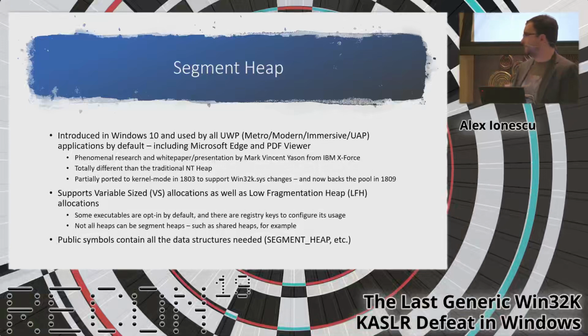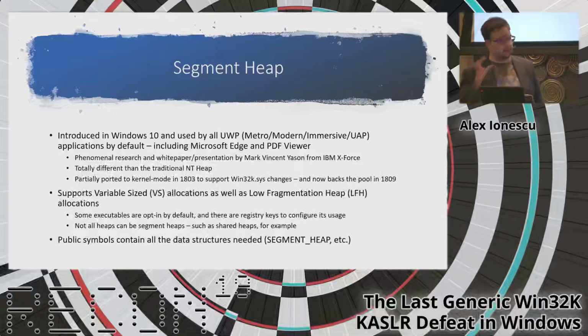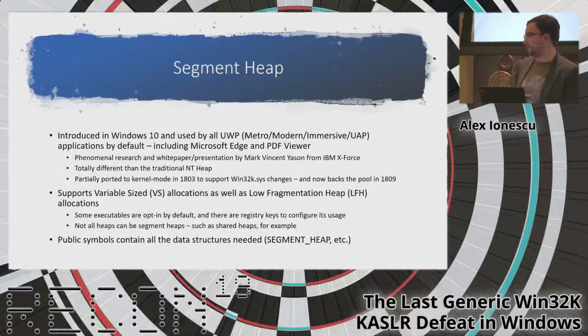Now, the segment heap is a completely different beast than the normal NT heap that's been there since 1989. And the segment heap got partially ported into the kernel in 1803 for Win32K.sys. So Win32K.sys actually uses the segment heap. But it doesn't use the normal segment heap, because the normal segment heap supports what's called LFH, low fragmentation heap allocations.